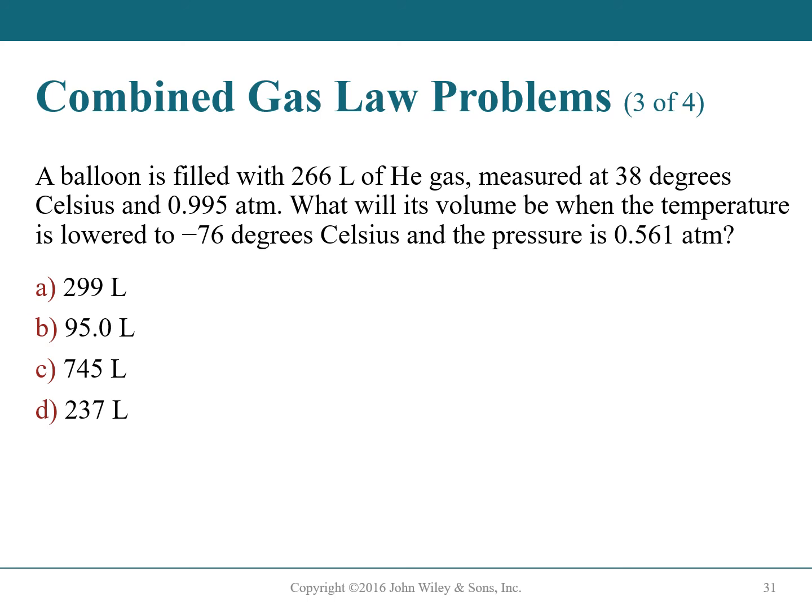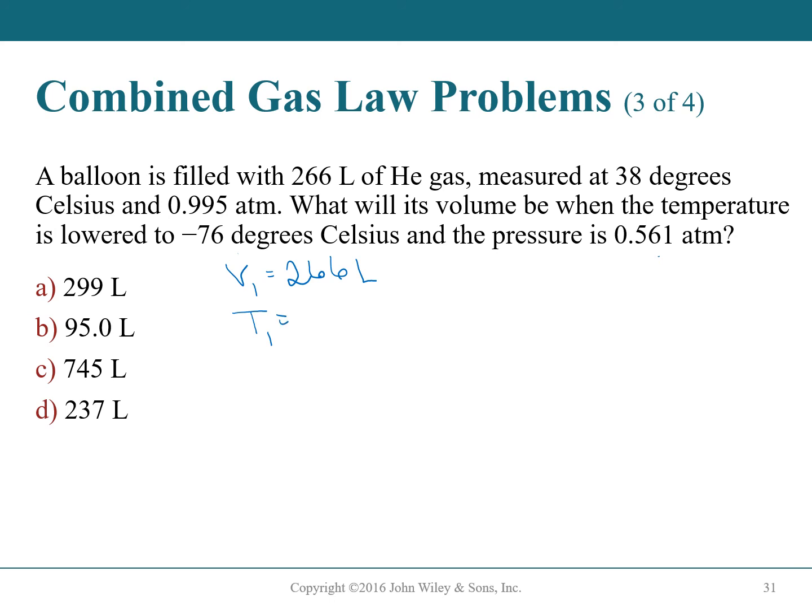Okay, all right, combined gas law problems. Now how do we know it's combined gas law? Because I'm changing temperature, and I'm changing pressure, and I'm looking at volume. So I need all 3. Okay, so the balloon is filled with 266 liters at this temperature. So V1 is equal to 266 liters.